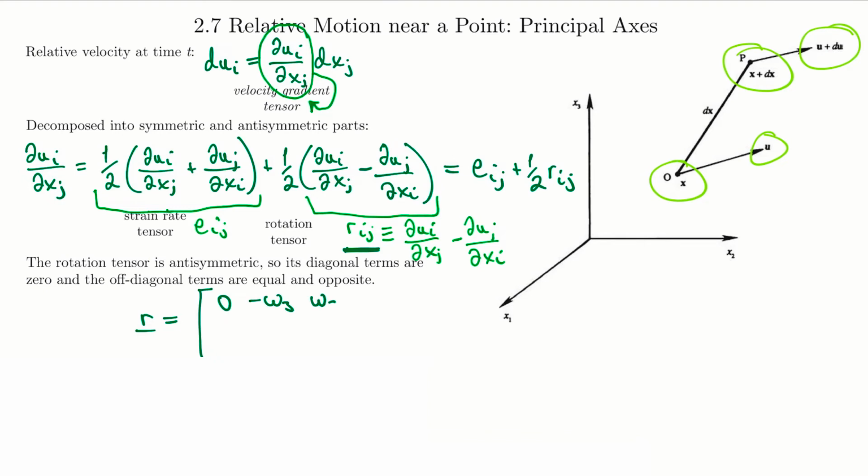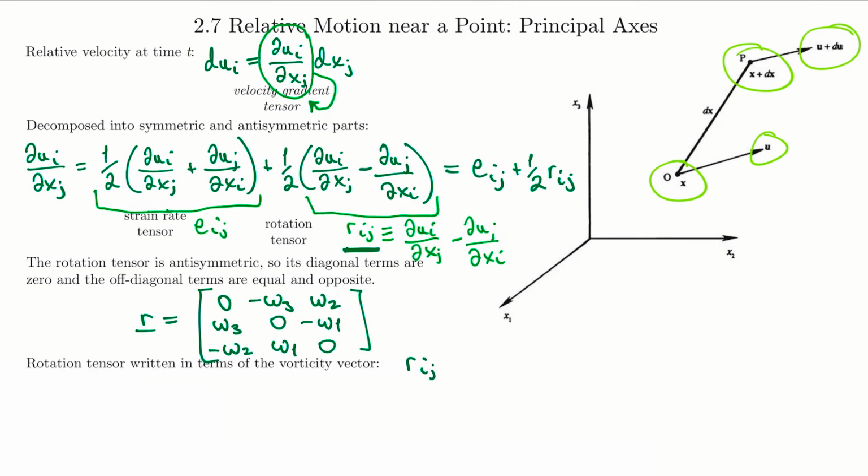You can just go back and look at our definition of vorticity and you'll see that this is what happens. So we can write that out in index notation a little more simply, maybe like this. Okay, and that's how we get our rotation tensor.